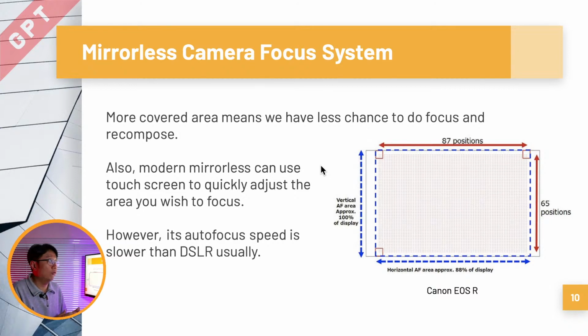But unfortunately for mirrorless, it first needs to read out the information, the sensor image, to the chipset or the CPU of the camera. So it takes a little bit of time, and then the chipset needs to calculate the focus area, how to do it, and how to adjust the motor. So relatively, one is like directly reading from the sensor.